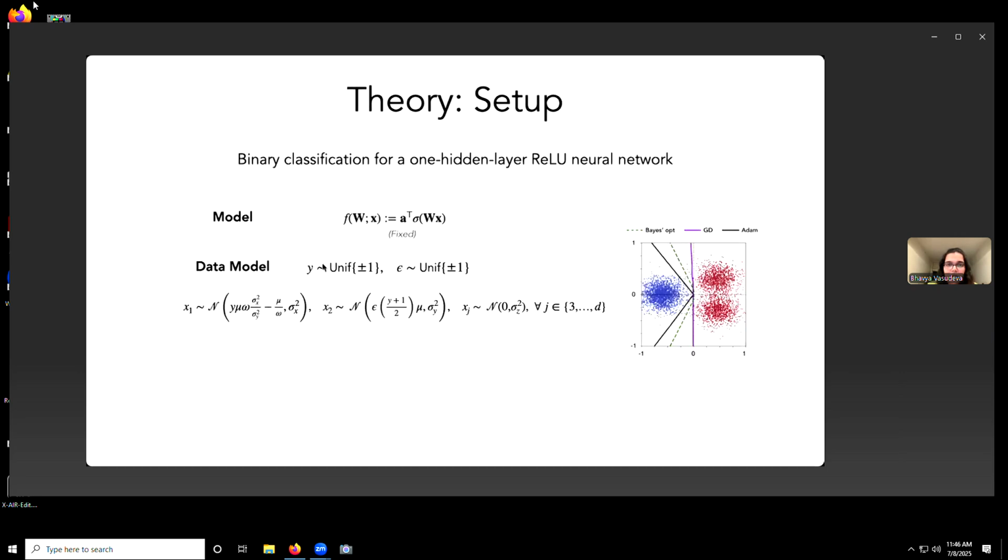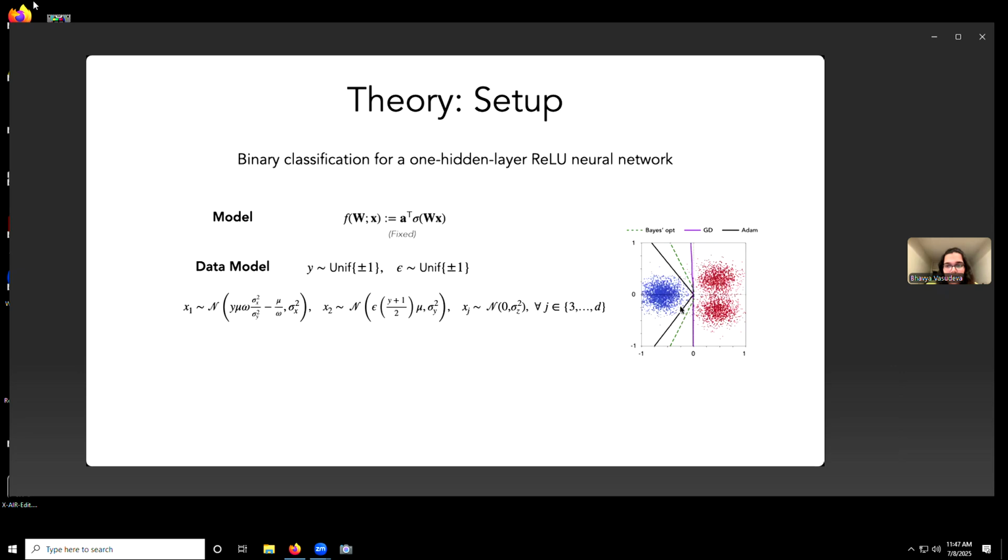So for the theory, the setup that we consider is binary classification using a one hidden layer ReLU neural network with fixed outer layer weights and with neurons denoted as W. The data model that we consider is based on Gaussian mixtures. As shown in this figure, one of the classes is a single Gaussian cluster, and the other class has two Gaussian clusters.